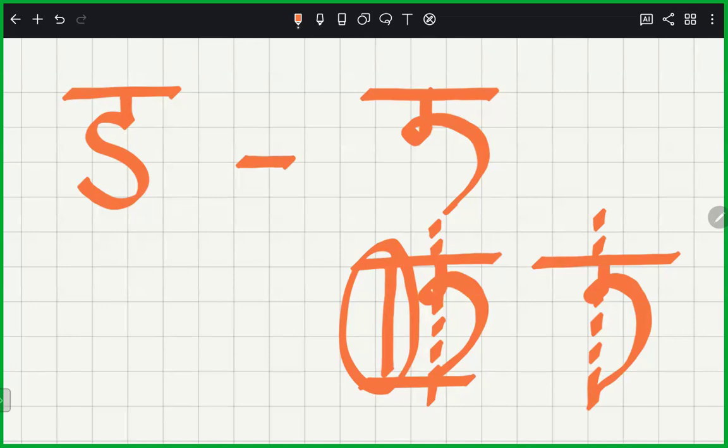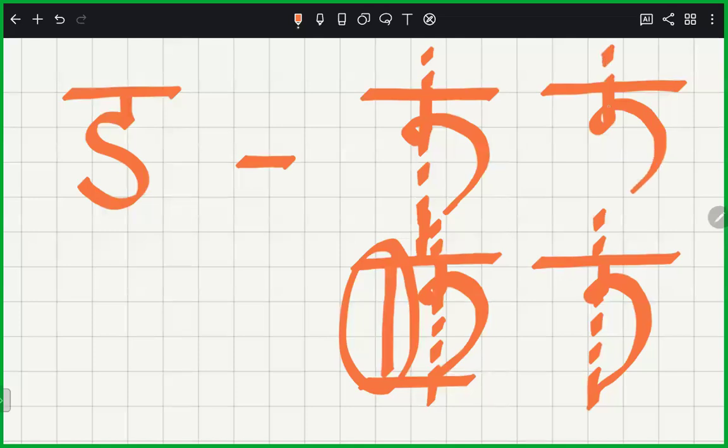Okay, now in case of da, if you see, what we have done is if we draw an imaginary line here, this is not touching this line. Correct? It's further behind. When I'm drawing this, I'm not getting it all the way down.